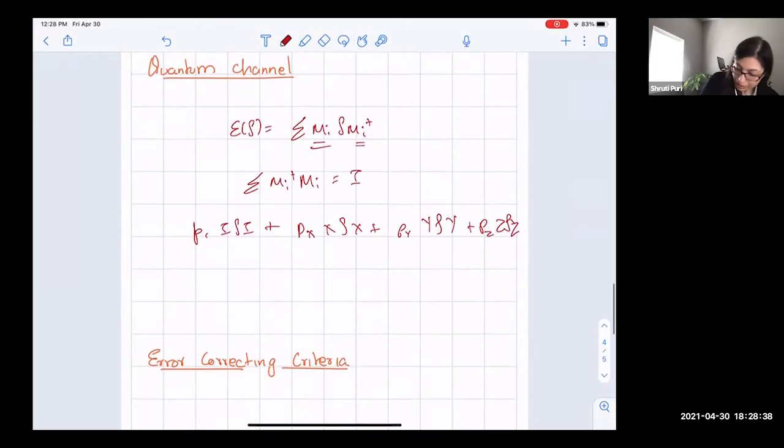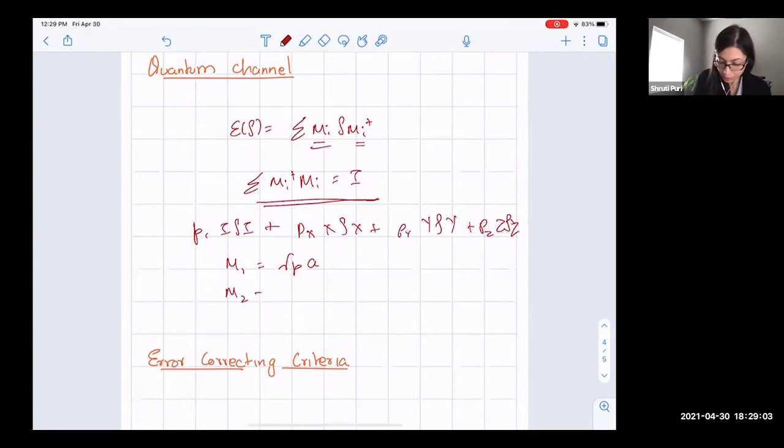In the case of cavities, the most common error channel is a single photon loss channel, in which M1 you can think of as the action of the photon annihilation operator with some probability p. And M2, of course, I have to make sure that this condition is satisfied.